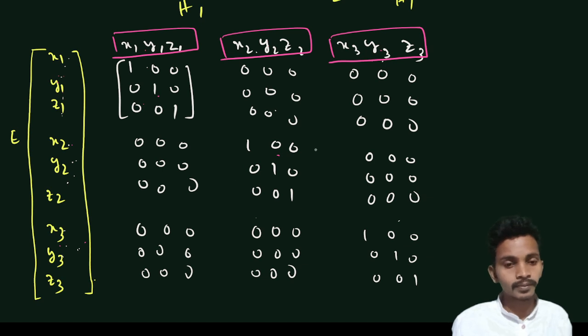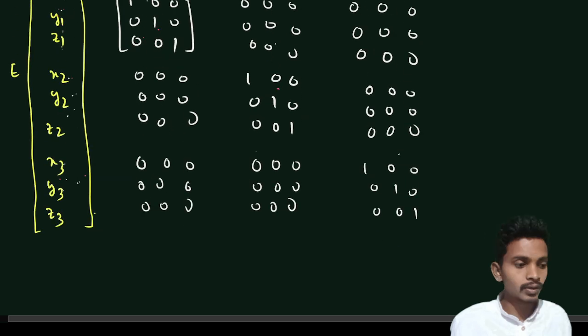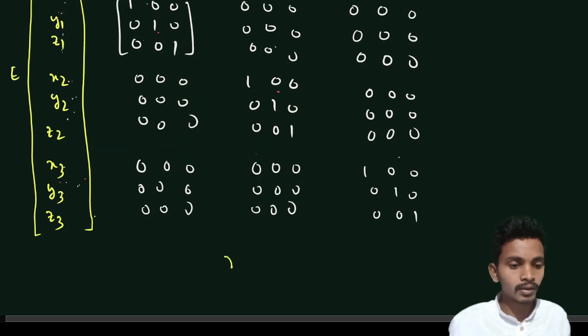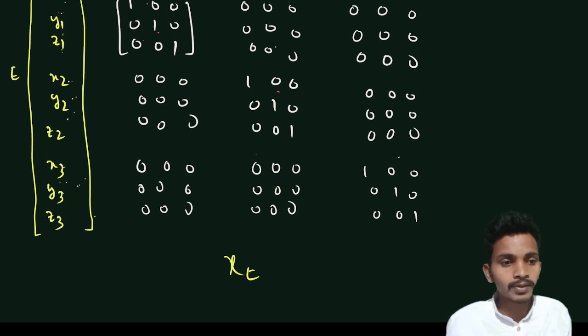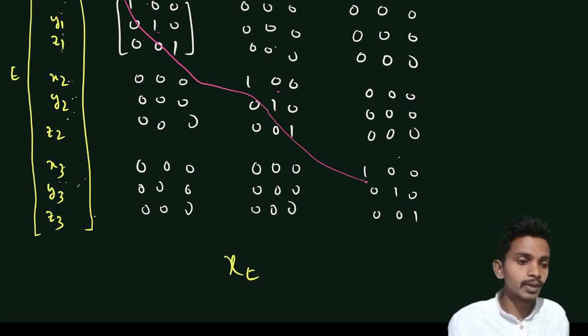So what are the characters? Character means the summation of the diagonals, so for the E operation I have to add all the diagonal values.